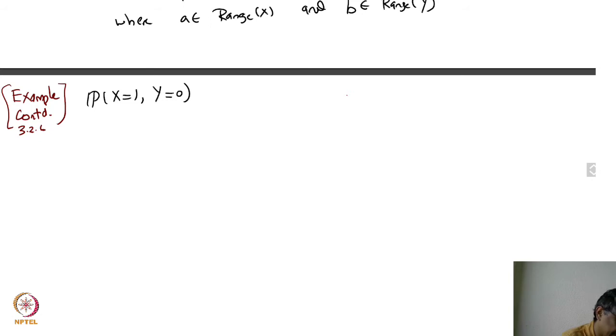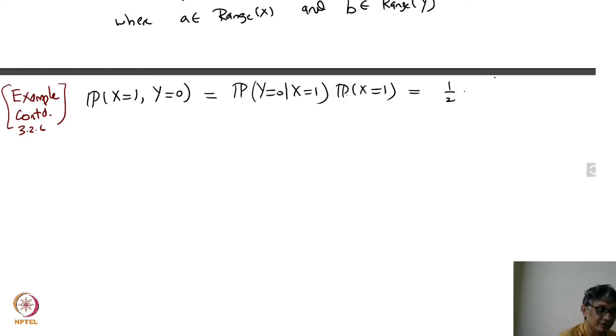Here we notice that if you want to compute this, you can say it's the same as y equal to 0 given x equal to 1, times the chance that x equal to 1. That's just by the definition of conditional probability. The first one we know is a half, and the second term is also a half because you choose two numbers between 1 and 2. This gives you a quarter.